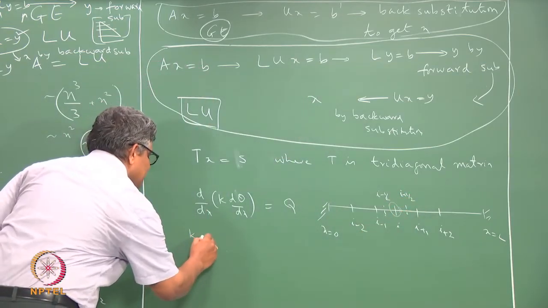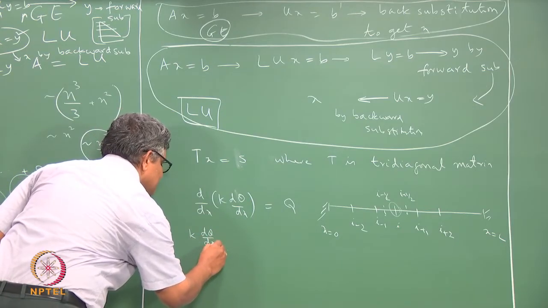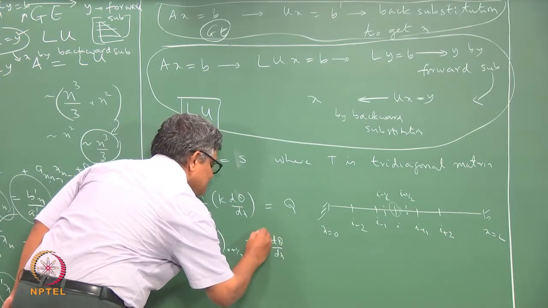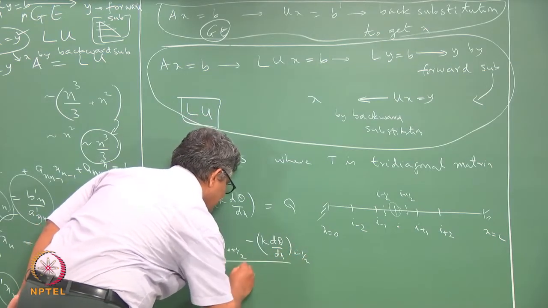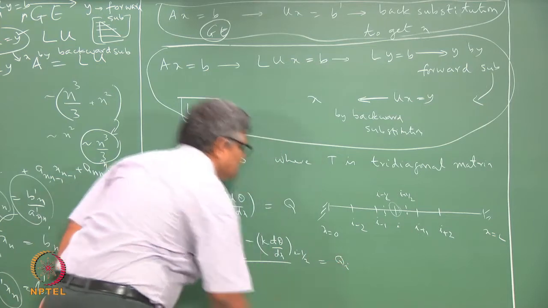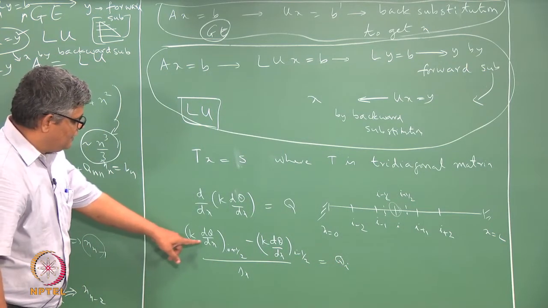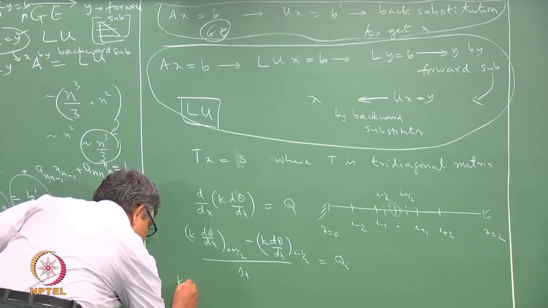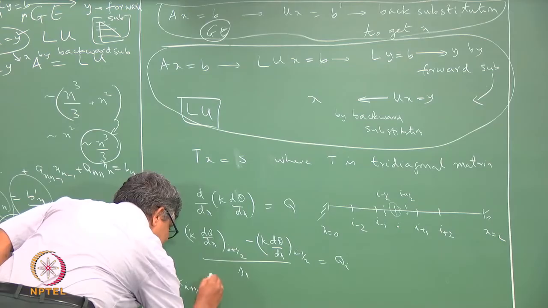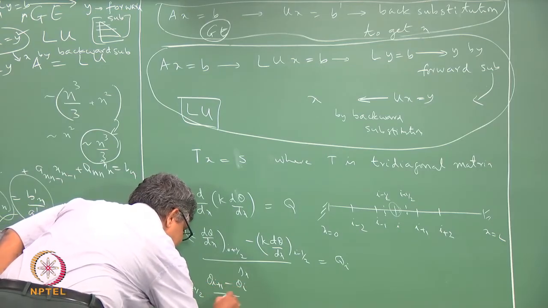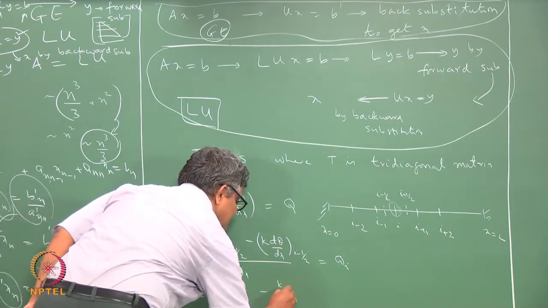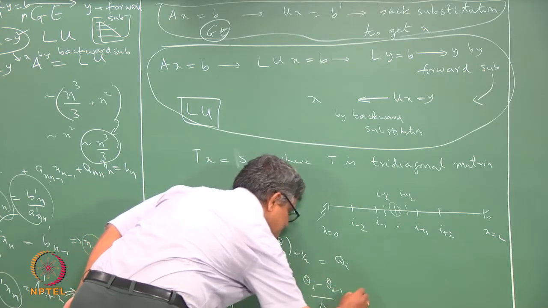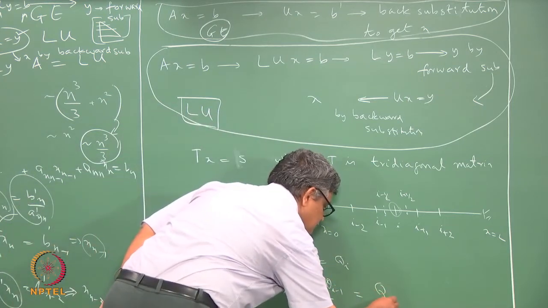So, we can write this as k d theta by dx at i plus half minus k d theta by dx at i minus half divided by delta x is equal to qi, and we can write d theta by dx at i plus half here as k at i plus half times theta i plus 1 minus theta i by delta x minus k at i minus half times theta i minus theta i minus 1 by delta x is equal to, we take this here, qi times delta x.